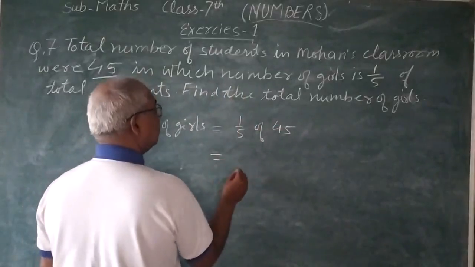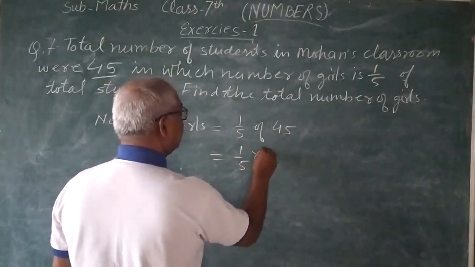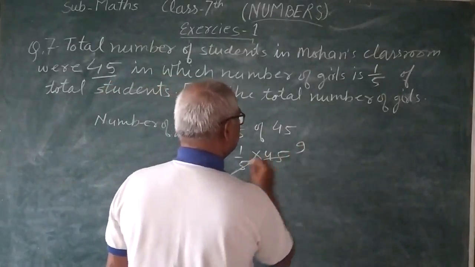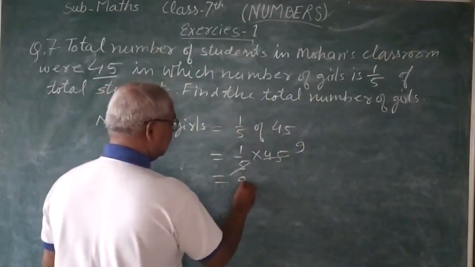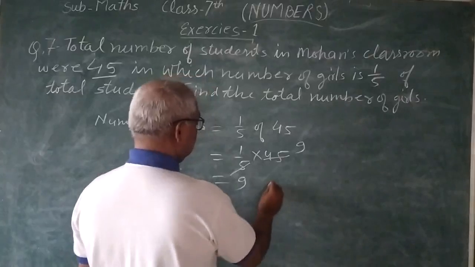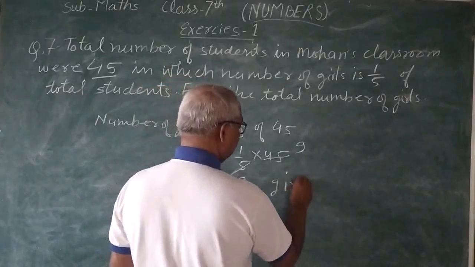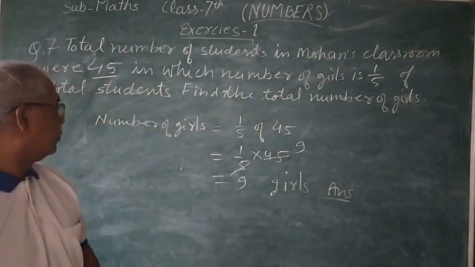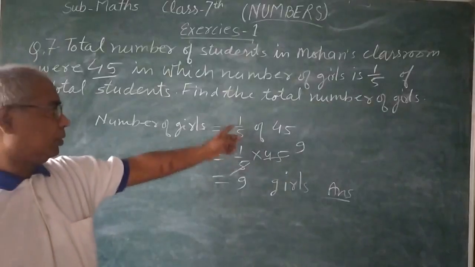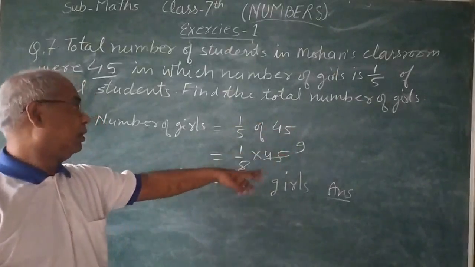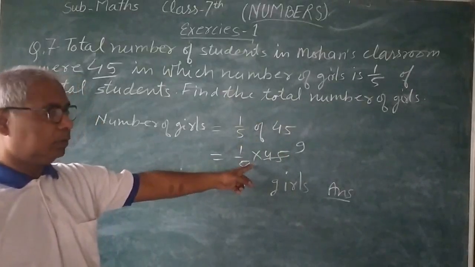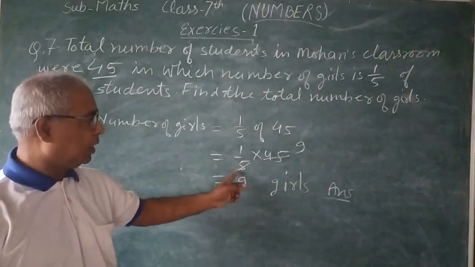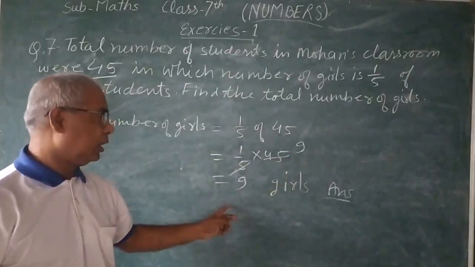So how can we solve? 1/5 into 45, 5 nines are 45. So it is 9 girls. Of is converted to into, so 1/5 into 45. 45 cancels with 5, you get 9. So 9 girls.